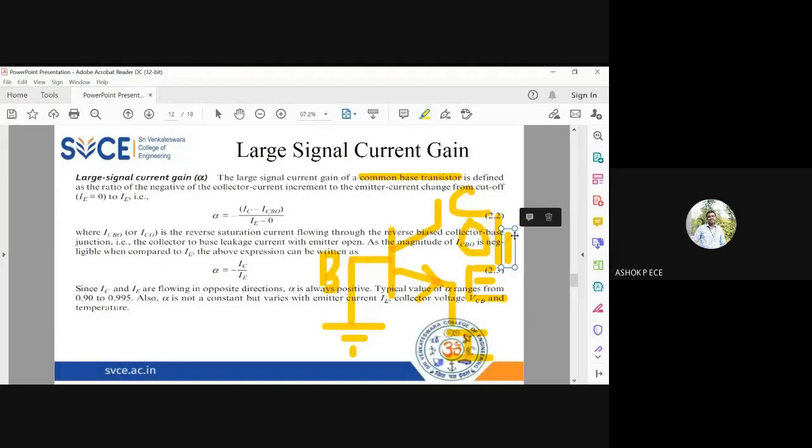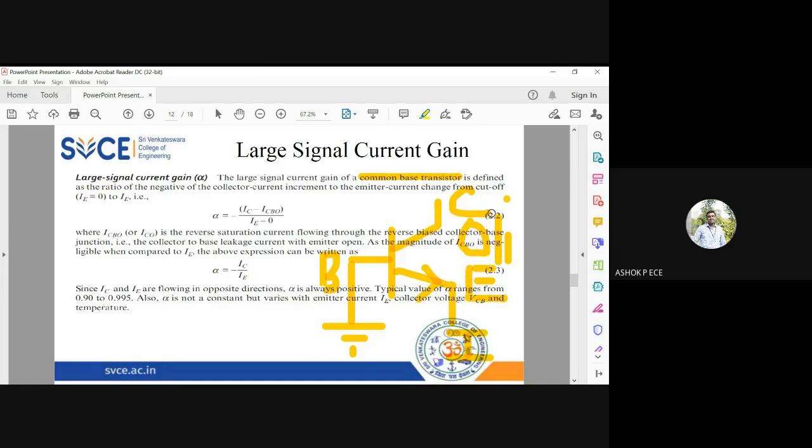So gain means output by input. Current gain means output current by input current. What is the output terminal here? The output terminal is collector, and the input terminal is emitter. Correct? So alpha is equal to output current by input current, IC by IE. Here an ICBO term comes in. That is because the collector base junction is reverse biased. As I told you already, in a reverse biased PN junction diode you will have a leakage current.